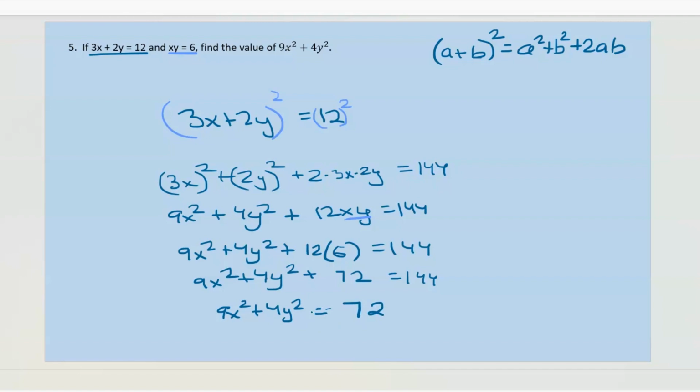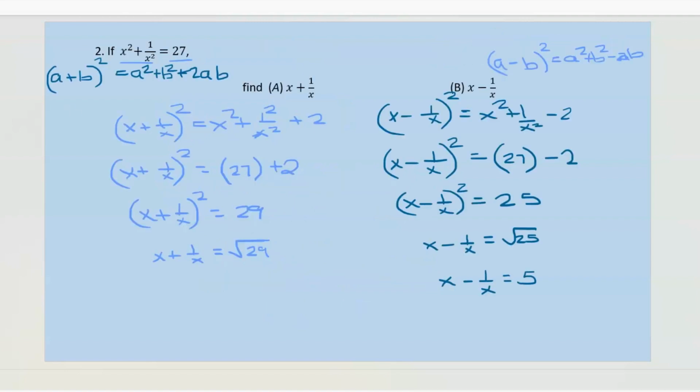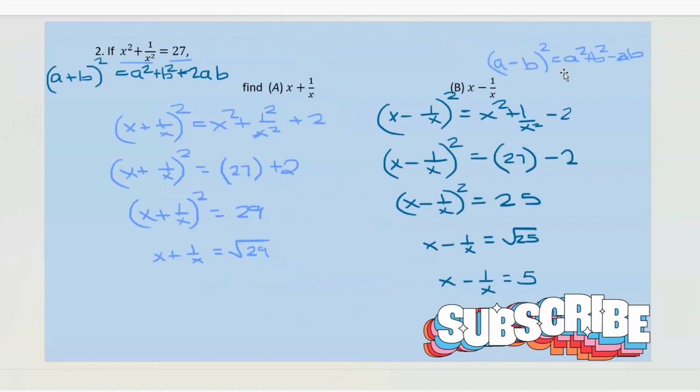And that is it for today's video. If you guys want to do more, we have part 2 and part 3 coming up with more questions like these that use different formulas. I know this whole video has been using the one formula, (a plus b) whole squared equals a squared plus b squared plus 2ab, but for this one, we did (a minus b) whole squared.